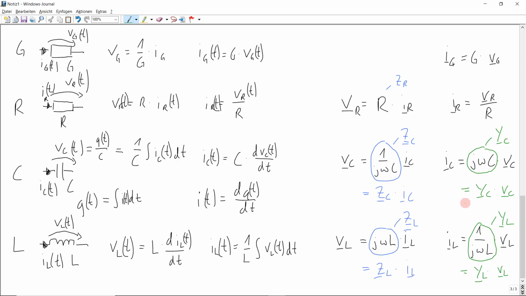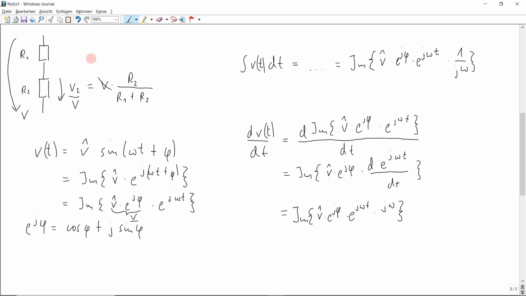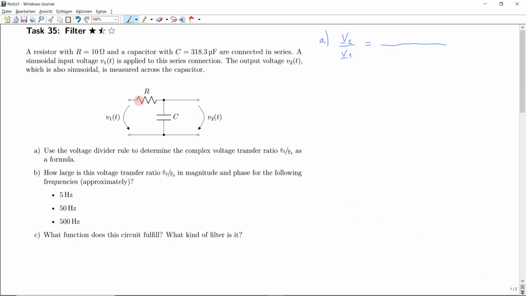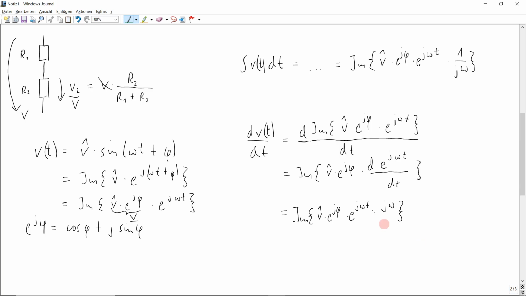And so using this, of course, we could also simply rewrite our voltage divider rule here. Just that in our initial voltage divider, there's a resistance, and not the second resistance, but the capacitor. But still we can write the very same formula as the one for resistances.